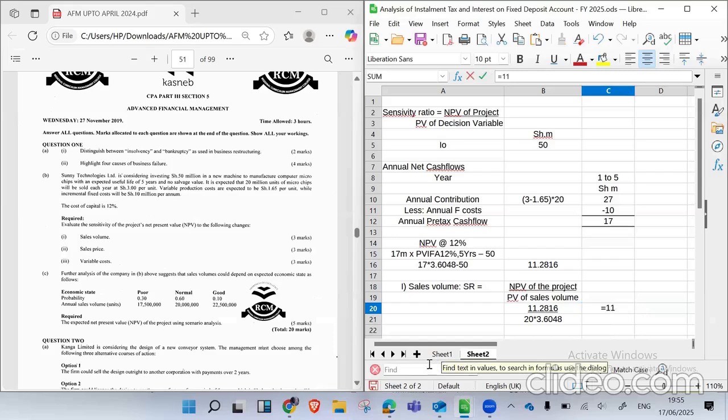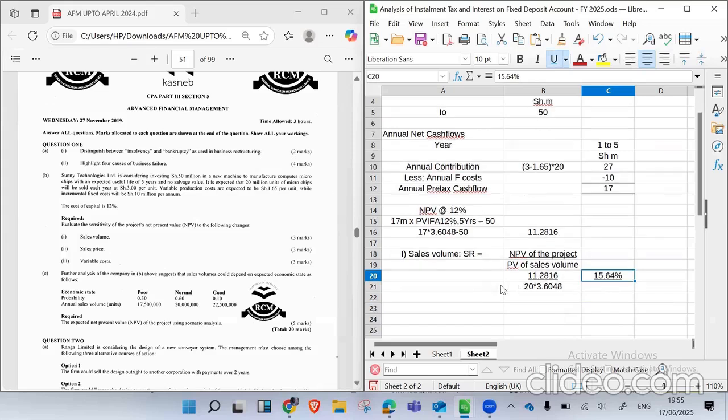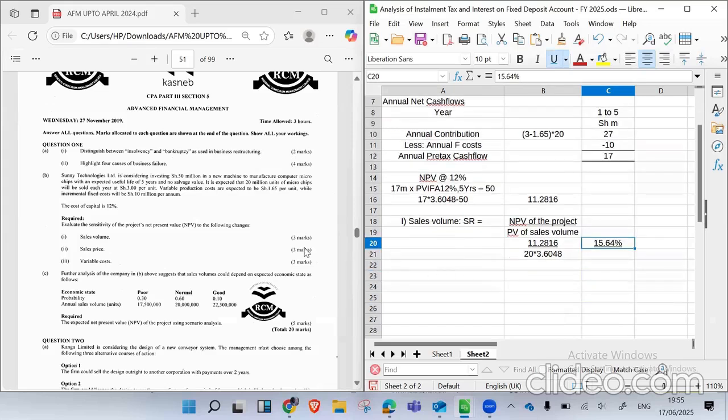Yes. 15.64, that becomes the sensitivity of the sales volume. That is our 3 marks.